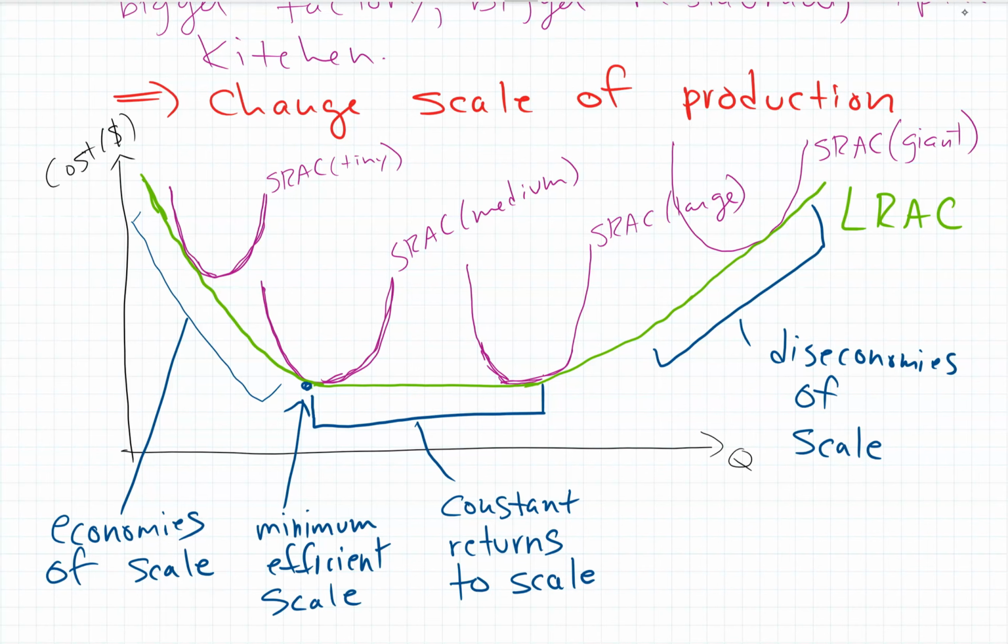Now, where exactly these lie, and how big these different areas are, depends. There might be some businesses where really, really large scale is going to give you the best, and those businesses will often be very concentrated. For example, the auto industry: autos pretty much need to be produced on quite a large scale.